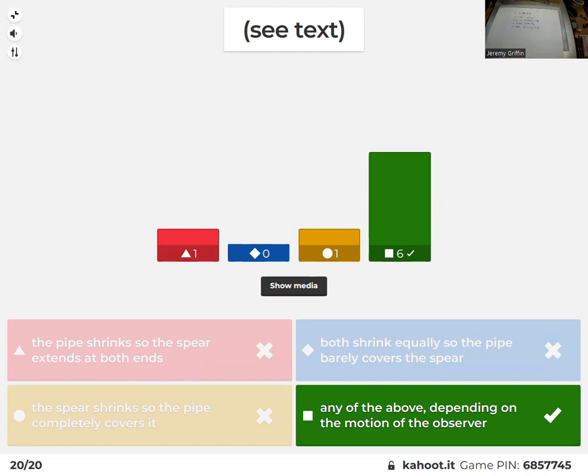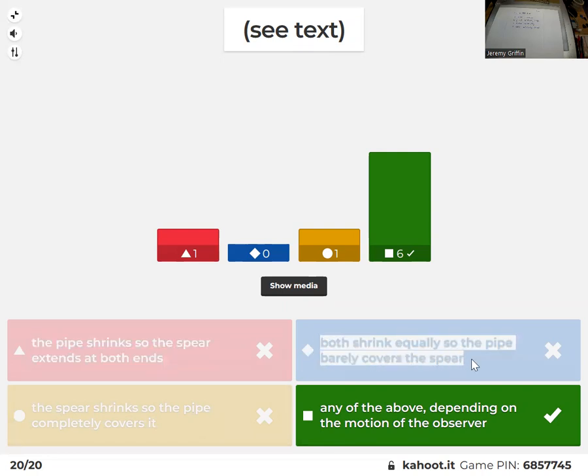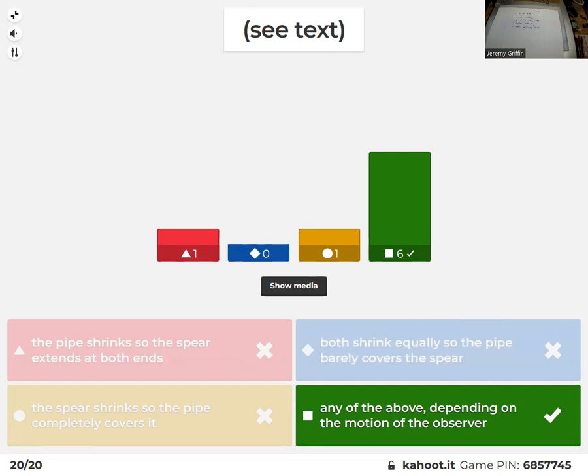If you assume that the pipe is at rest and the sphere is moving, which is really close to how the premise was framed, then the answer would have been the sphere shrinks so the pipe covers it. But if you're along for the ride with the sphere, then you would perceive the red one to be true. And if you're moving at some medium speed, maybe like a quarter speed, then you could actually calculate how fast you have to go for the blue one to be true.